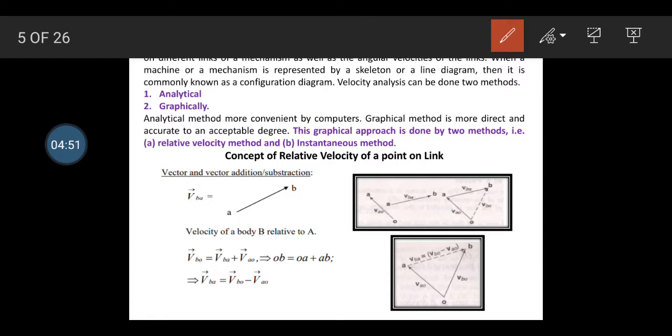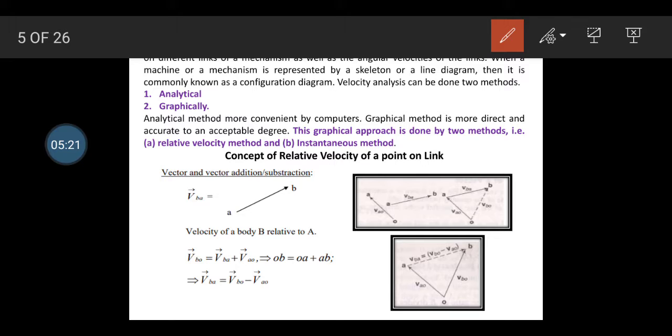If particles A and B move with velocities VA and VB in the same direction, then the relative velocity is obtained as the vector difference between them.